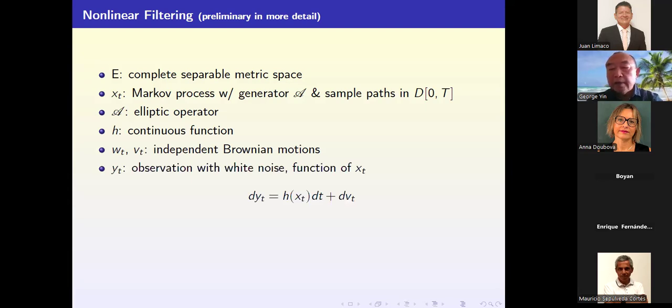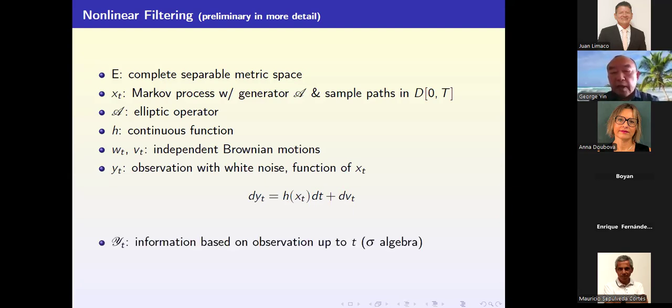Both W and V are independent Brownian motions, and Y is our observation. Y_t is obtained by observing X through the nonlinear function h with additive noise V, which is Brownian motion. We use script Y to denote the information up to time t, which is a sigma algebra.